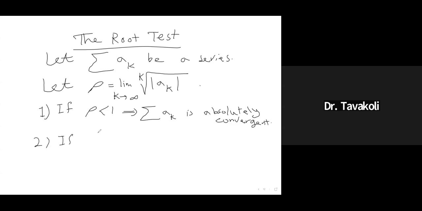If rho is more than 1, the series is divergent. And if rho is equal to 1, then the root test is inconclusive.